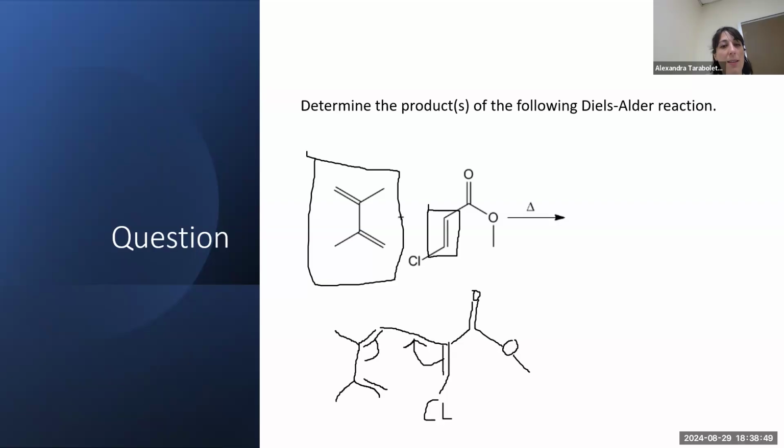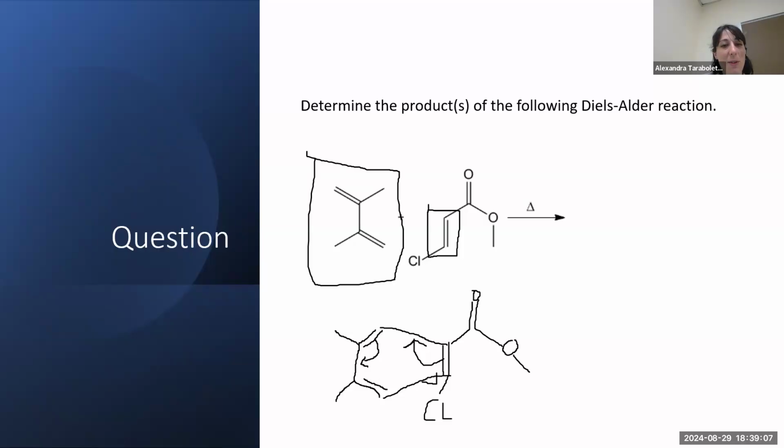That moves in here. And then it's actually a whole sequence of events where it's like move, and then this makes the last single bond.